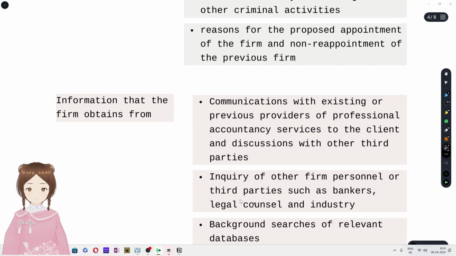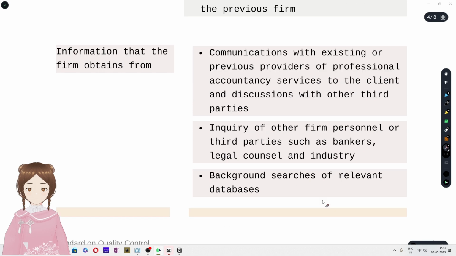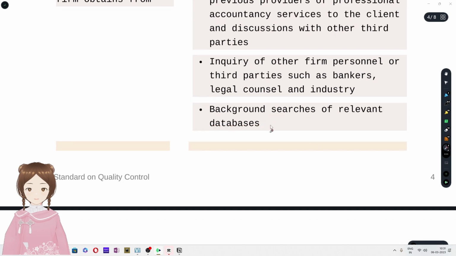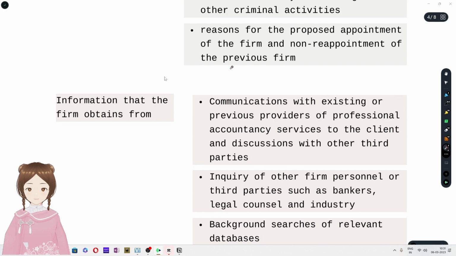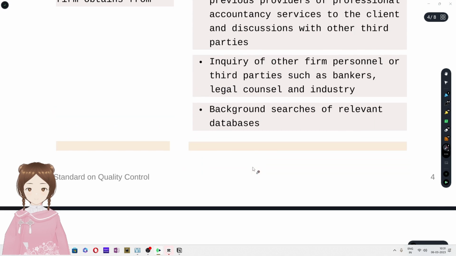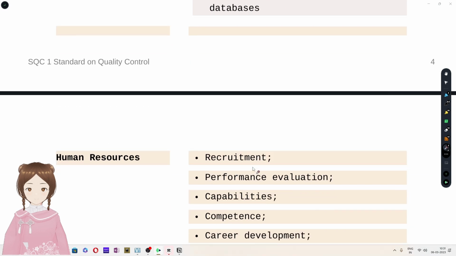Firm personnel or third parties such as bankers, legal counsel, and background searches with relevant databases, mostly about creditworthiness from credit rating agencies, etc. So these were the sources from which the auditor could get information about the client before accepting the engagement.